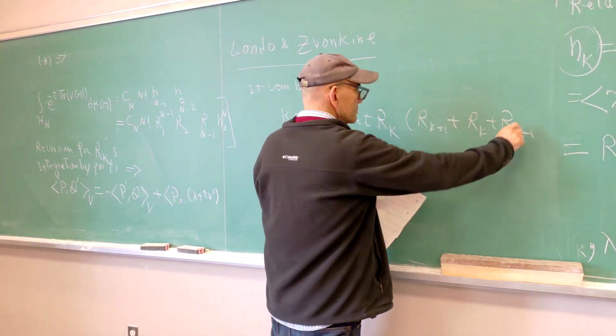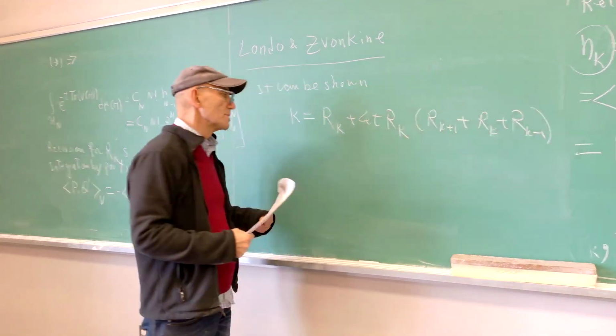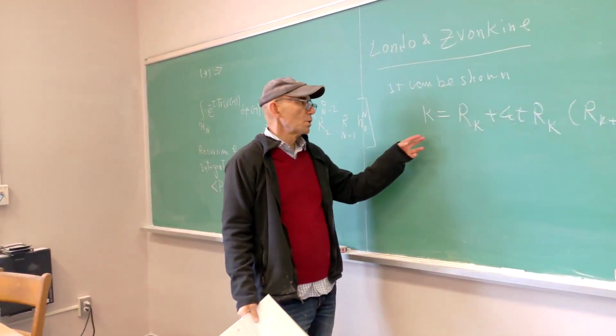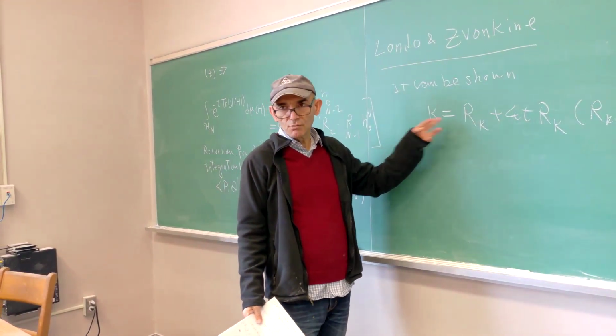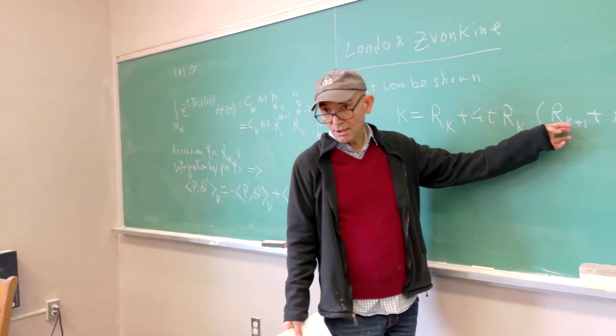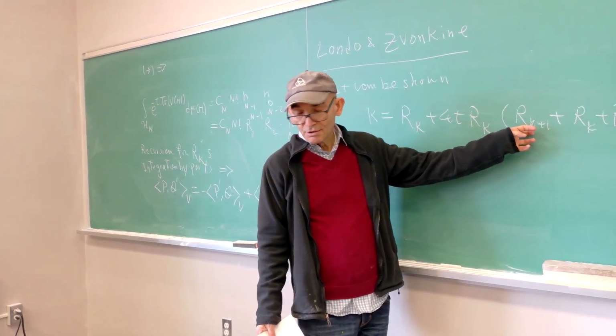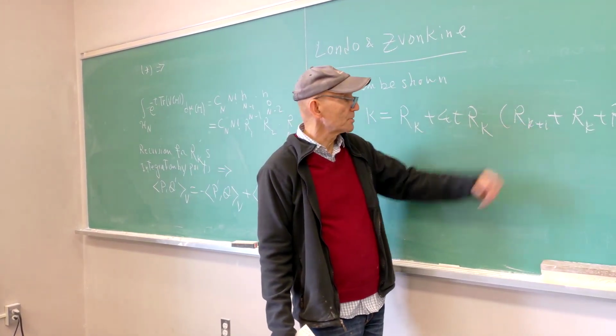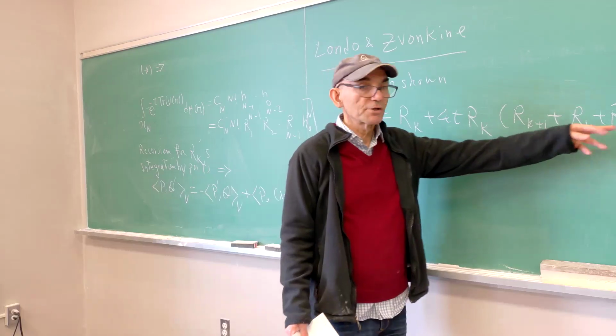Here k is just 0, 1, 2, 3, and so on. So this is a highly nonlinear recursion for Rk plus 1 in terms of Rk and Rk minus 1.